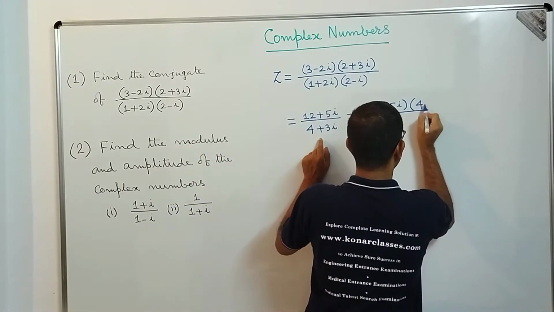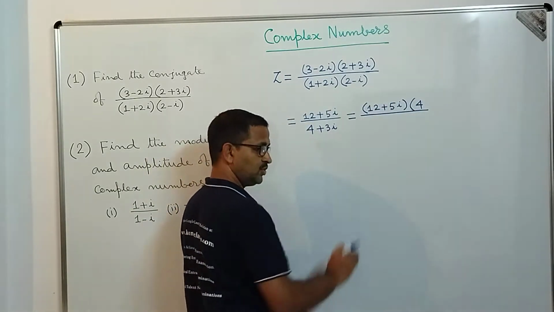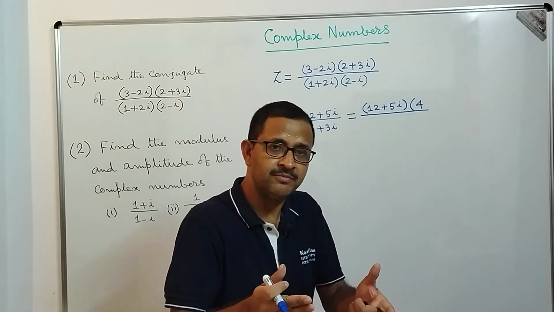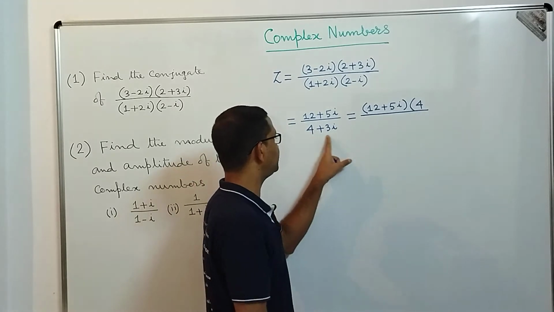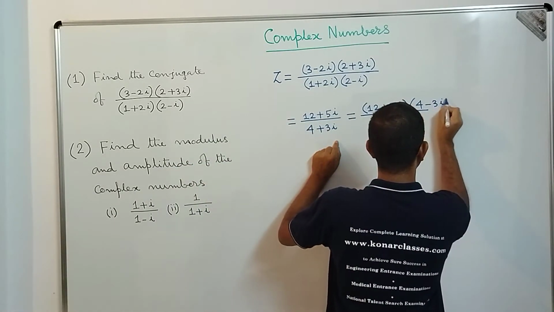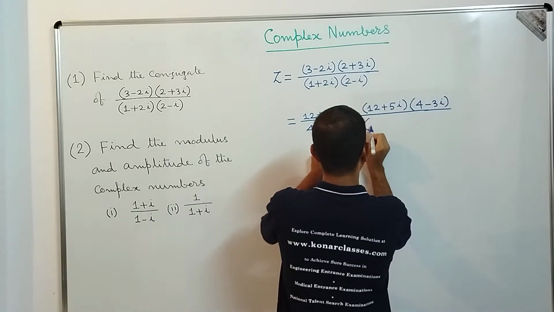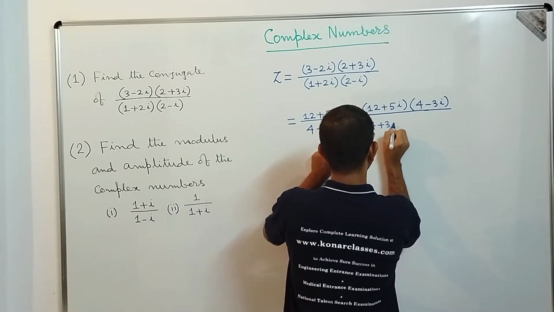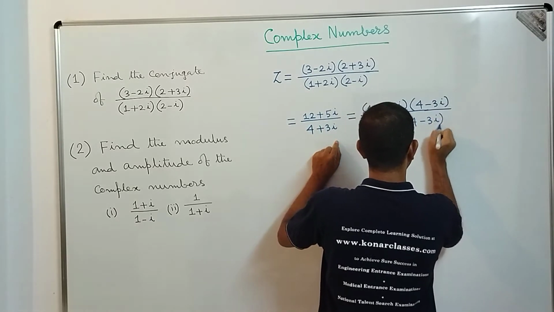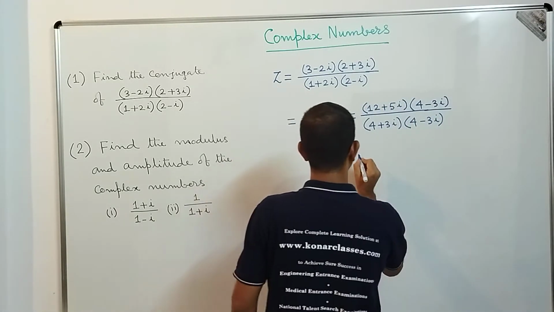Why so? Then we can remove the imaginary part from the denominator. So it is 4 minus 3i divided by 4 plus 3i into 4 minus 3i. So let's see what we get, dear students.